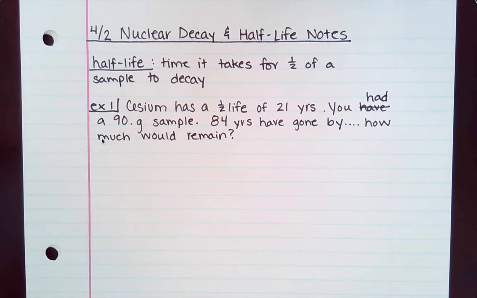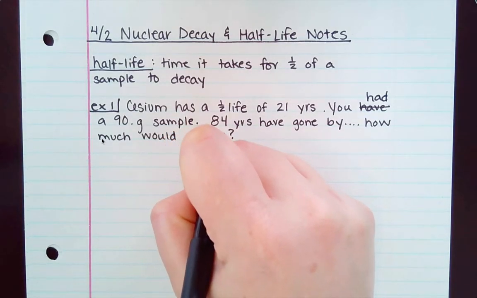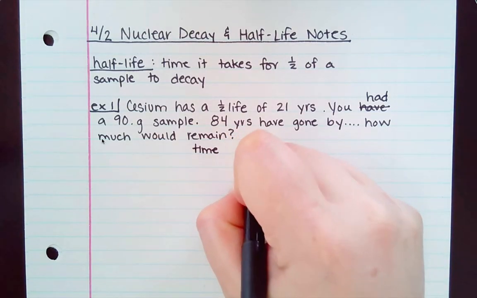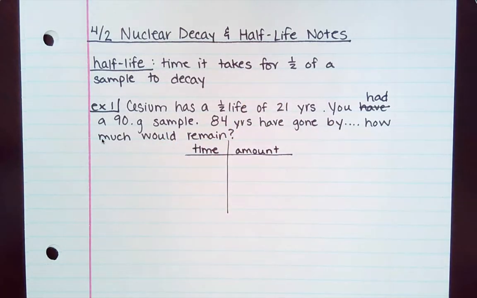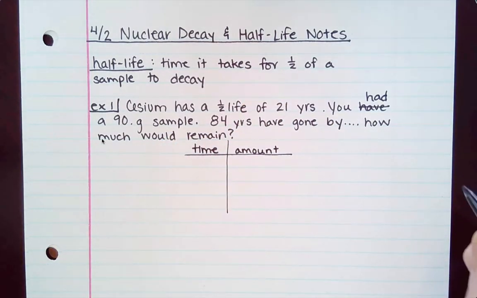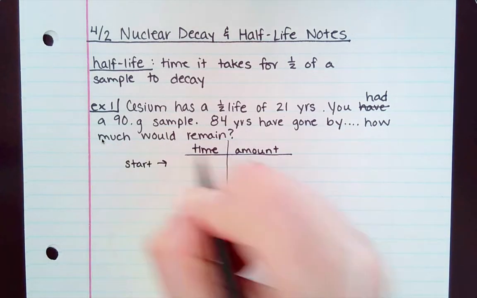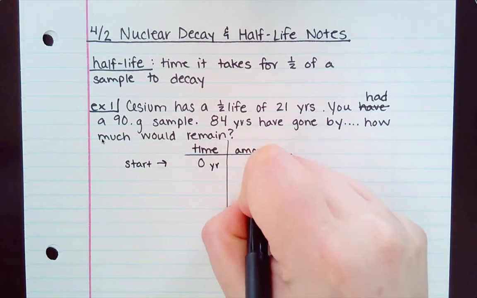So I like to make a little T-table of the time and the amount that we have. Okay, so at the start of this, we'll say 0 years have gone by and you have 90 grams.